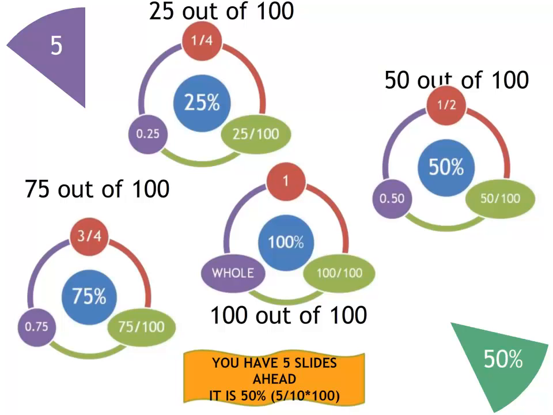Next, 75 out of 100 is 75%, 3/4 or 0.75. And finally, 100 out of 100 is 1 whole. It is equal to 100%. And as a decimal, you will write it as 1.0.